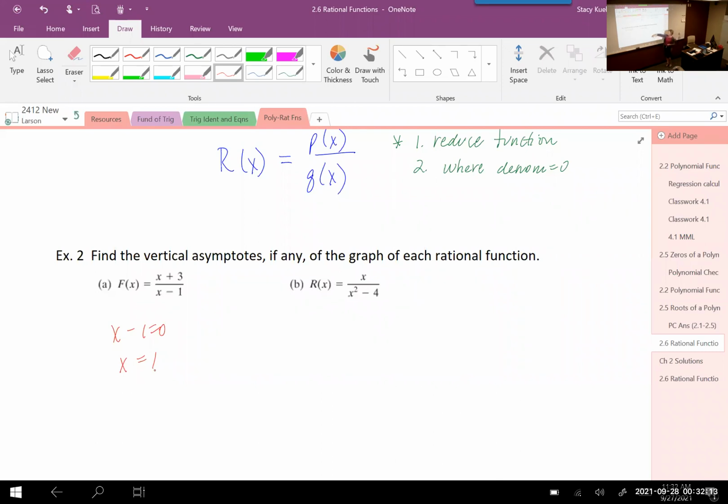So I just found out that the vertical asymptote for this function is at x equals 1. Don't confuse that with the domain, okay? All I know is that right now I have a vertical asymptote at x is equal to 1.